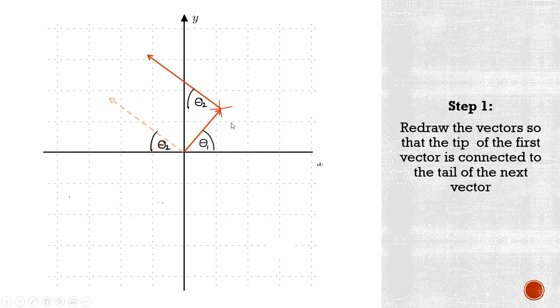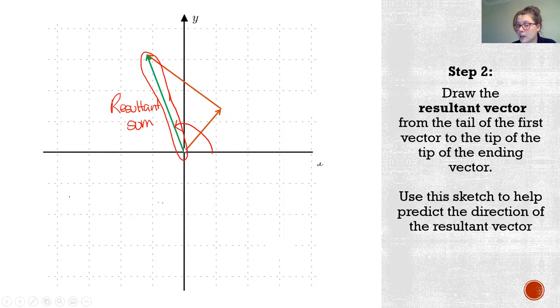So it makes sense that the overall pull, if it was an object, should go upwards and very slightly towards the left.